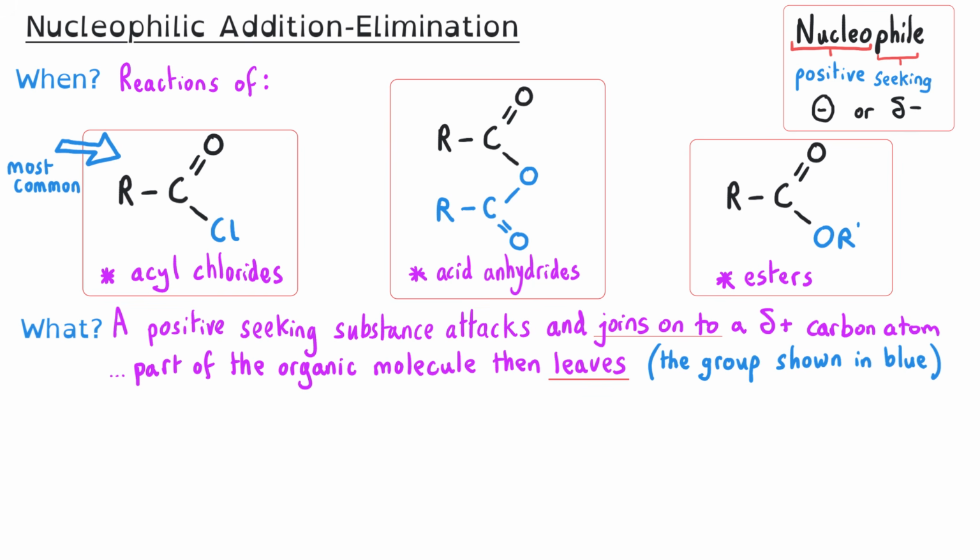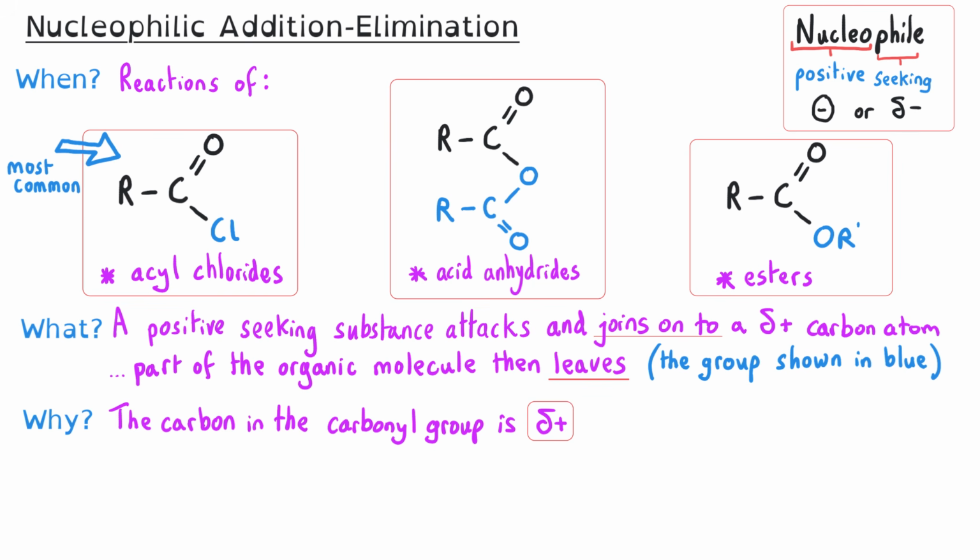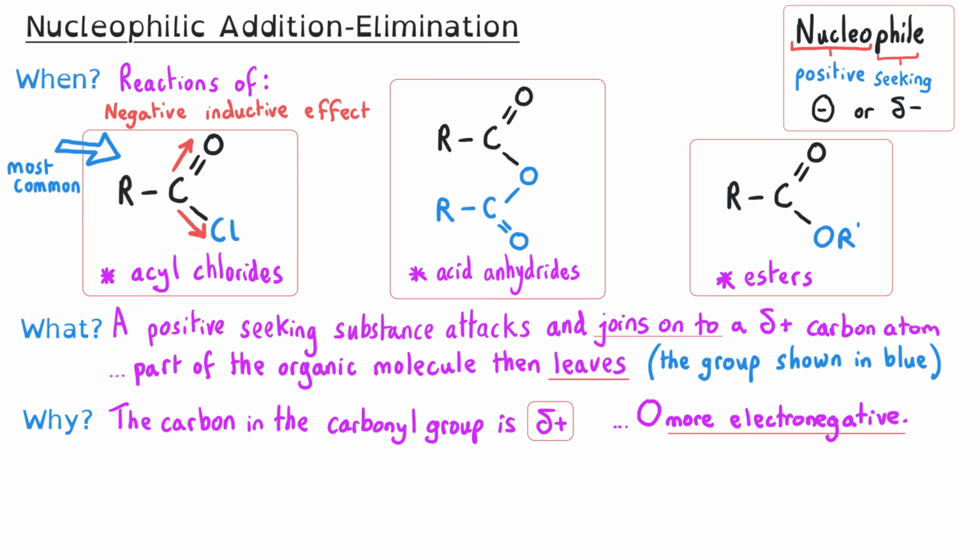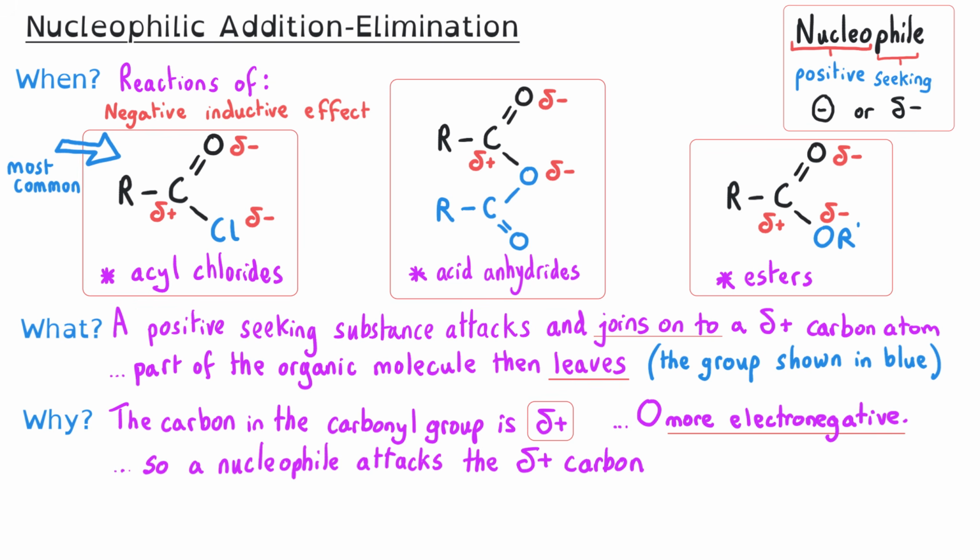This mechanism occurs because the carbon in the carbonyl group is electron deficient, and this is because it's actually connected to 2 electronegative atoms, the oxygen and sometimes another oxygen or a chlorine. Both of these atoms are more electronegative than the carbon, so they pull the electron density from the covalent bond towards themselves, leaving the carbon delta plus and the oxygen and the chlorine delta minus. And so the nucleophile attacks the carbonyl carbon and forms a new bond to it.